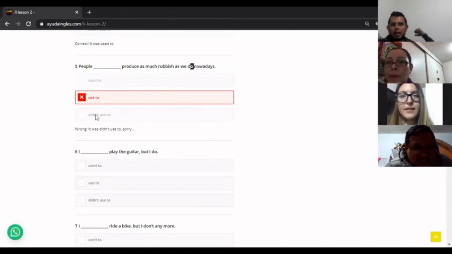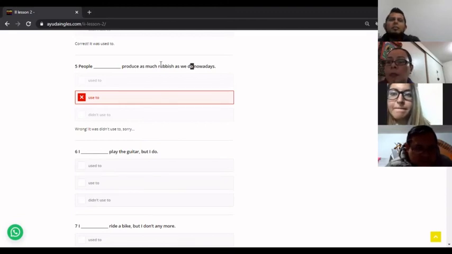So in the past, we didn't use to produce as much rubbish. What is rubbish? Like garbage? Yes, rubbish, garbage is the same. Rubbish is British English, garbage is American English, but it's the same. So in the past, we didn't produce as much garbage as we do now. So now we produce a lot more garbage.